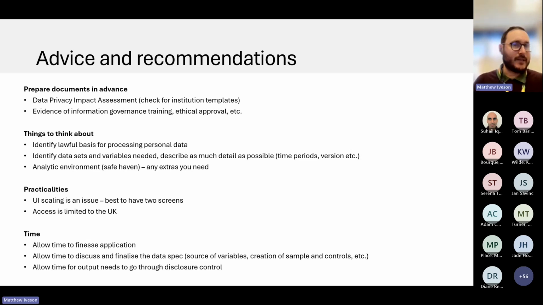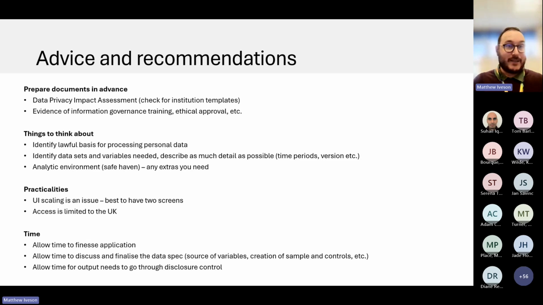In terms of practicalities, I mentioned a few UI niggles. One was that the scaling of the web page is not the best, so don't try and do it on your mobile phone because it won't be very kind to you. I found it was pretty helpful to have two screens, so that I had the application up on one screen and everything else on the other, rather than trying to make it half screen or windowed, because then the actual questions and the text box scaled weirdly.